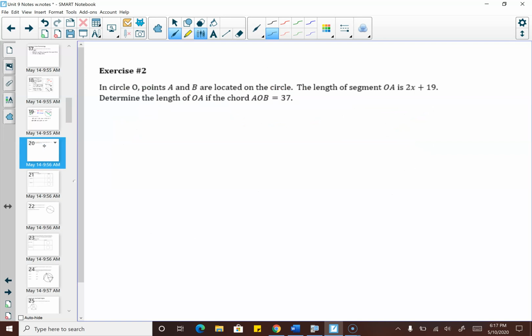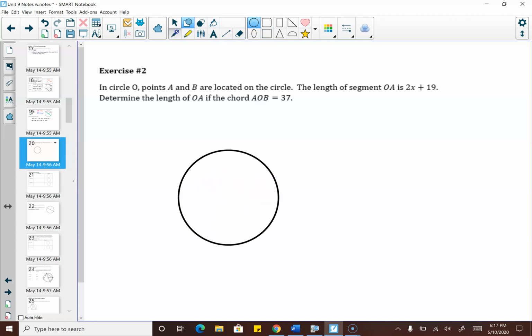In circle O, points A and B are located on the circle. The length of OA is 2x plus 19. Determine the length of OA if the chord AOB is 37. All right, so a couple pieces of information here. The first thing we want to do is draw a circle. And we'll put our center in there. So it says in circle O, so that means our center point is O. Now we could maybe guess where A and B are, but this is the key.